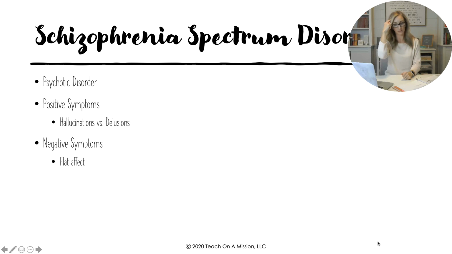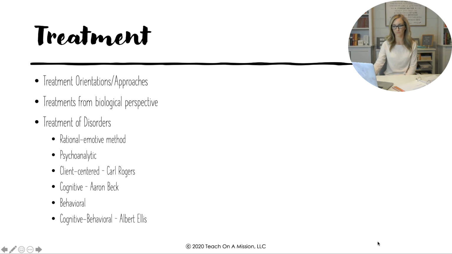It's in your brain, not in your eyes or your ears. Delusion being false beliefs. I am Mary Poppins, so I can take this umbrella and fly real quick. Not good. And then there's negative symptoms like the flat affect and not being able to essentially feel anything emotionally, and sometimes even physically.